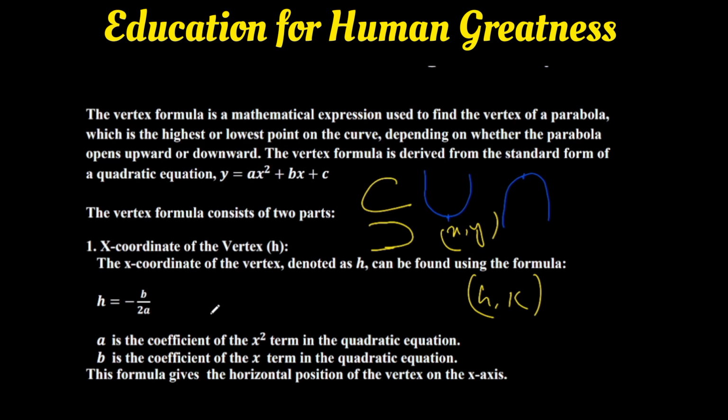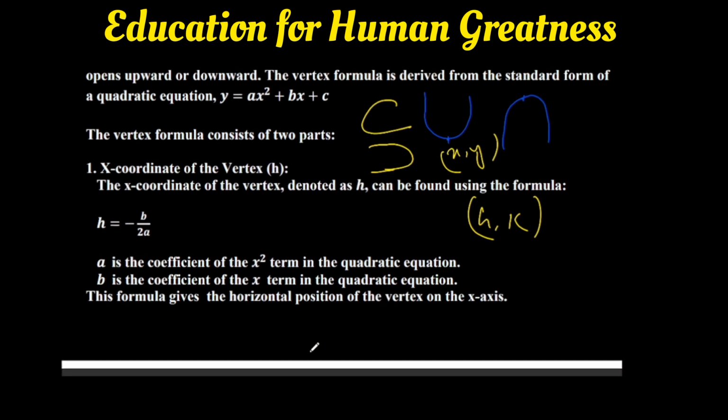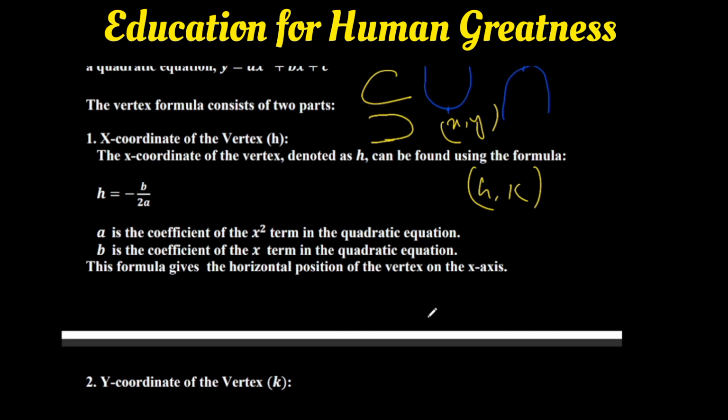Here a is the coefficient of x square and b is the coefficient of x. This formula gives the horizontal position of the vertex on the x-axis.